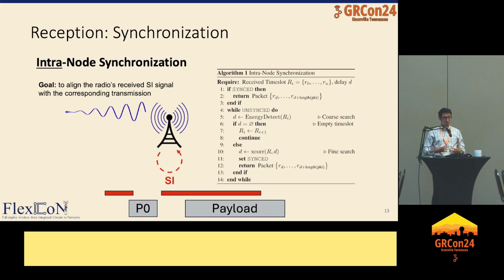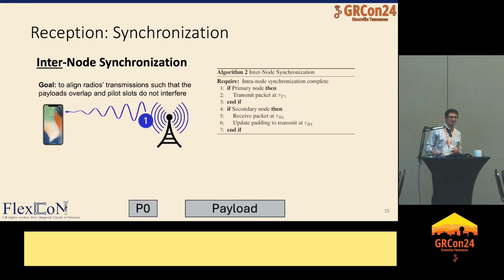That is where all this synchronization comes in. You want to make sure that you have a good estimate of your self-interference channel. So essentially, I'm not going to go through the algorithms right now in the interest of time, but through a series of coarse and then fine-tuning, you can line up your self-interference stream with your transmitted stream and essentially enable the next steps in the process.